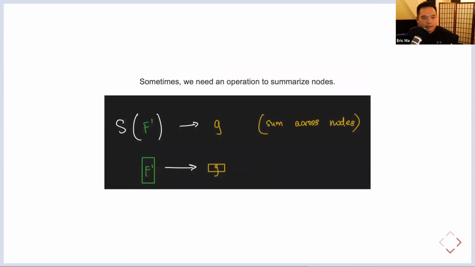If you are doing neural net models that operate on predicting a single number per graph, sometimes you might need an operation to summarize all of the graph nodes into a single vector. So you get a graph level vector rather than a per node vector. You can do a summation operation which sums across nodes and gives you back a single vector for that graph.